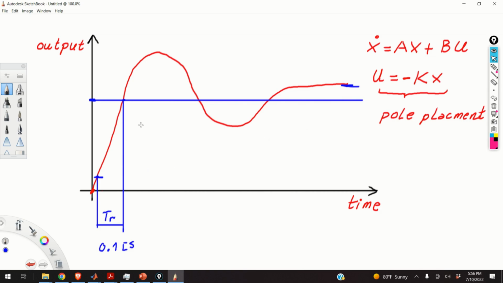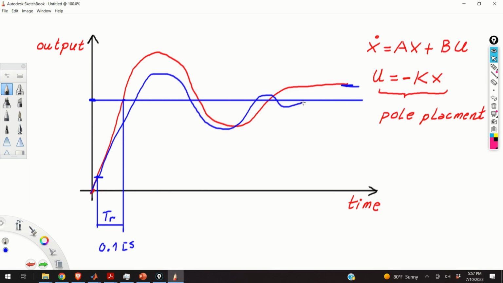So somewhere in the steady state, the system has to approach this value. Obviously, this system doesn't meet this design specification since we have a steady state error over here, and this is not a desired behavior. We have to make sure that this steady state error over here is eliminated. So a desired response of the system would look somehow like this.